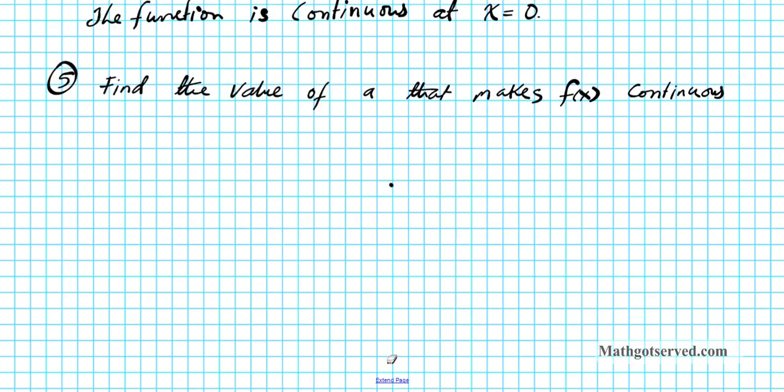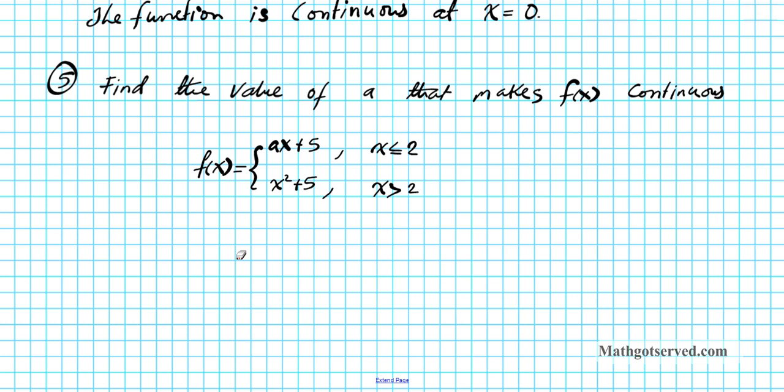So let's write down what f of x is. f of x is the piecewise defined function given by ax + 5 when x is less than or equal to 2, and x^2 + 5 when x is greater than 2. All right, so the question is, what value of a will ensure that this function is continuous?